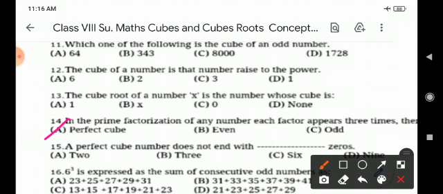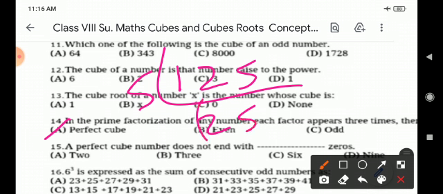We refer to raising the number to the third power as cubing the number. For example, 125 is a perfect cube because the factor of 125 is 5 cube. 5 fives are 25, 5 twenty-fives are 125. So 5 cube is the perfect cube.